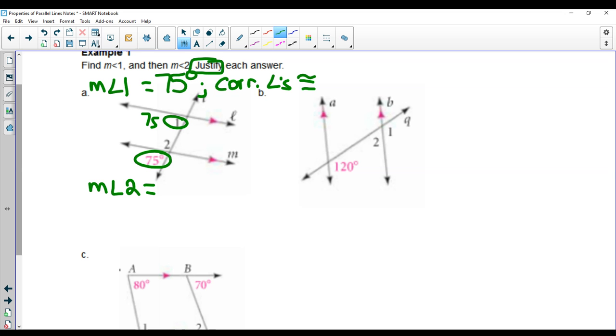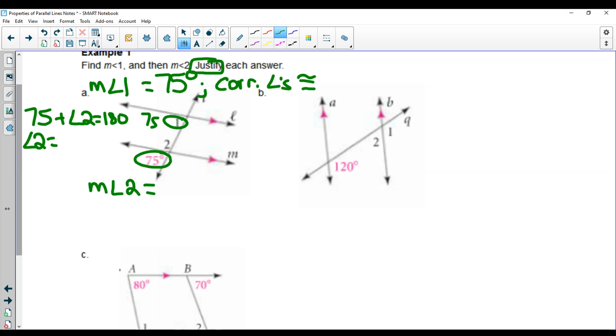So let's label that. Now, what's angle 2? Well, if you notice, angle 1 and angle 2, they are same side interior angles. Right? And I know that those two have to add up to 180. So in other words, 75 plus angle 2 has to equal 180.